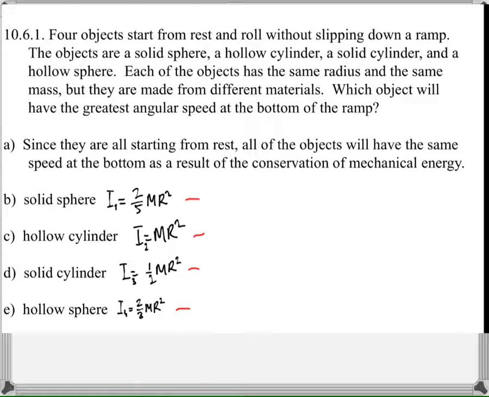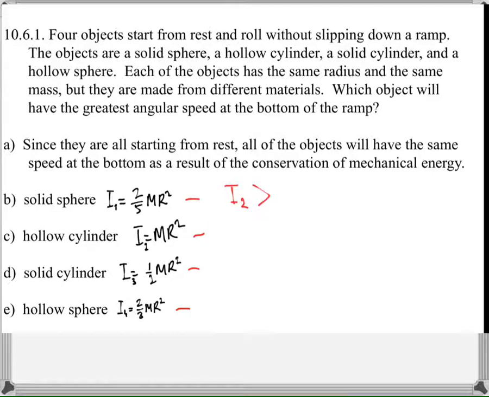Well, the first thing you may do is take I1, I2, I3, and I4 and sort them from the least one to the largest one. The largest one is I2, right? It is m r square. I2 is the largest.